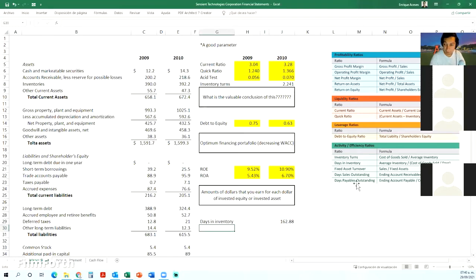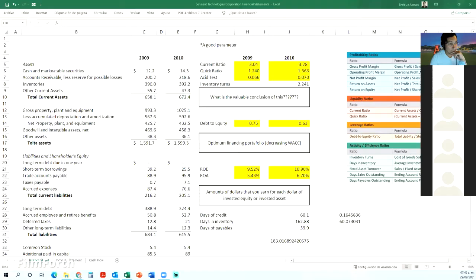Cash. And the next one, days sales outstanding. And if you finish, go for the days payables outstanding. Okay. Days of credit, with the days sales outstanding. The ones that got 60, that's the correct answer.